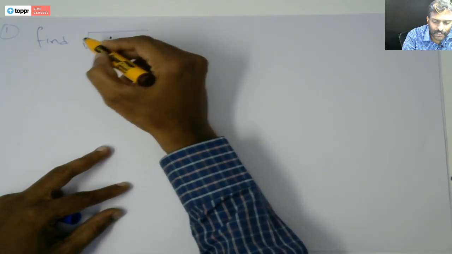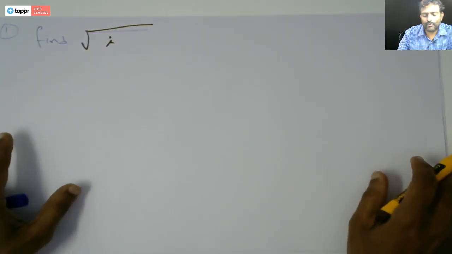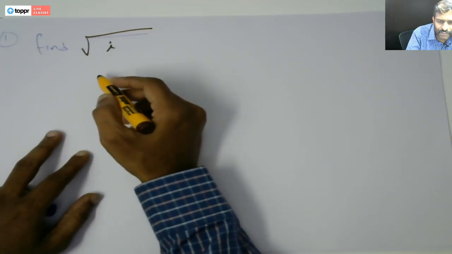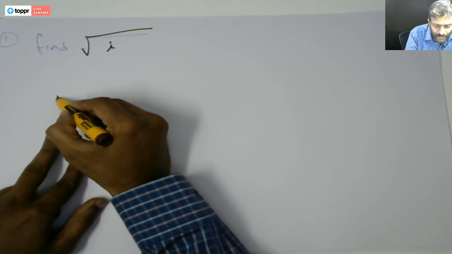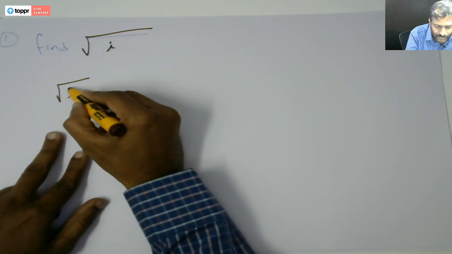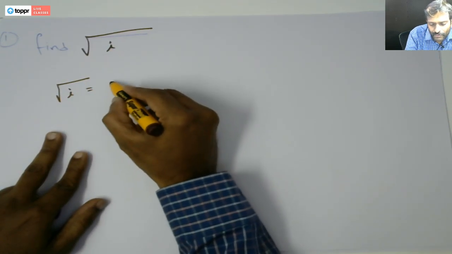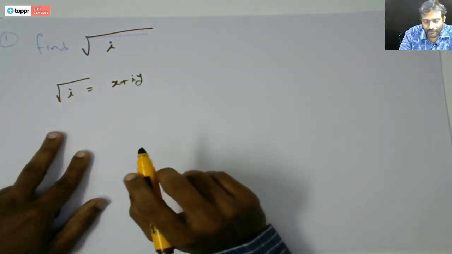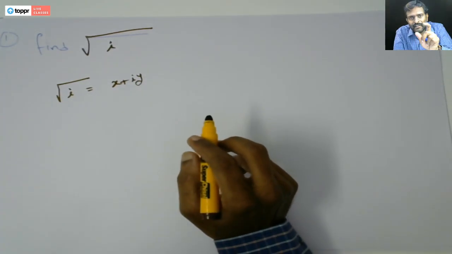I'm sorry. I'm trying to find the square root of i. So how can we find the square root of i? I don't know the value of root i here. So I will take this to be equal to say some x plus iy.